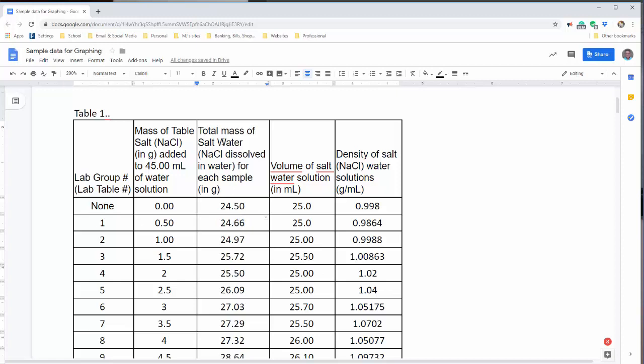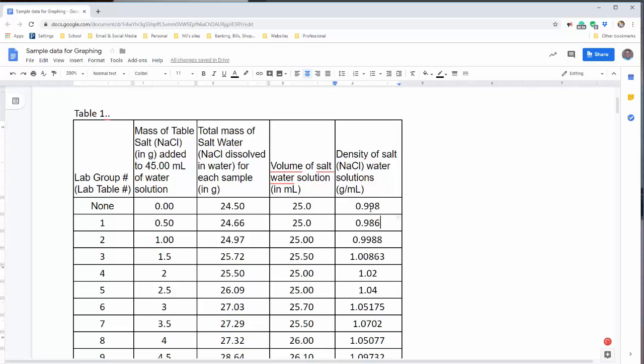So since the mass was in 4 digits and the maximum number of digits for the volume here was 3 digits, then we want our final answer to always be in 3 digits.